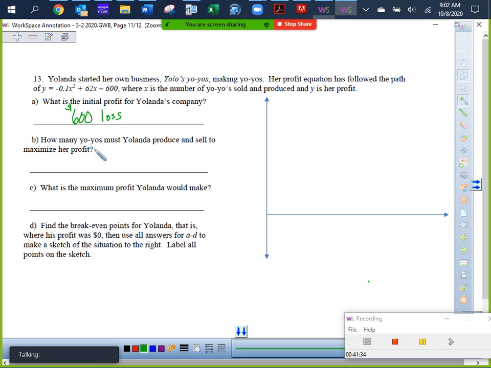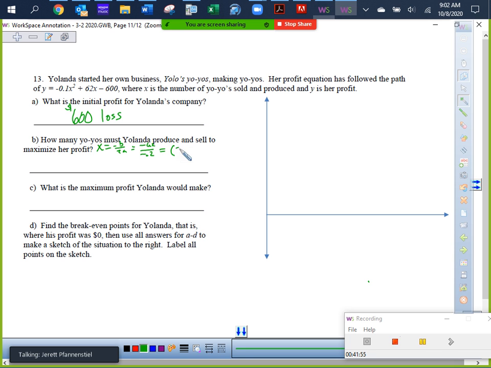Finding the vertex for the maximum, so we'll do that. Negative 62 over negative 0.2. Just watch those decimals. Negative 62 divided by 0.2. Did you get 310?